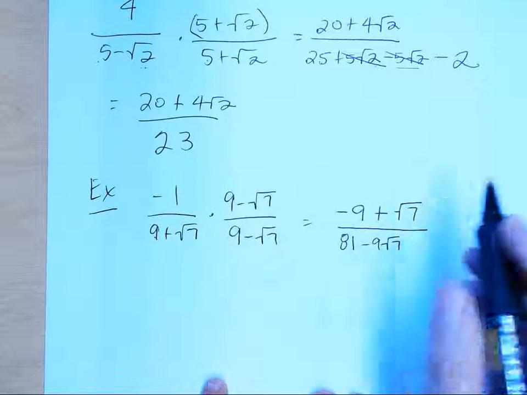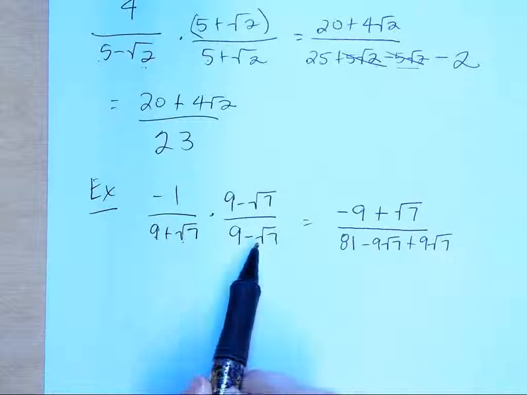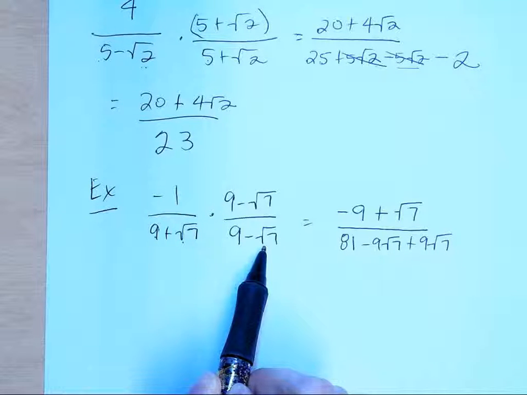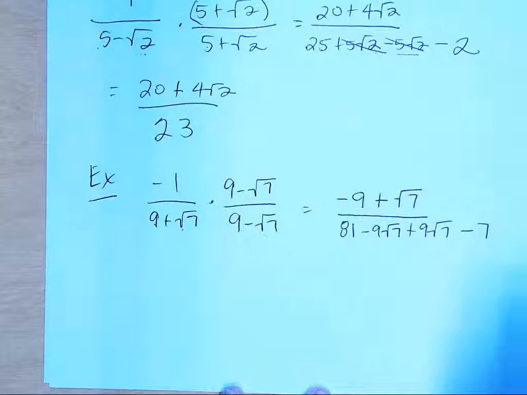Root 7 times 9 is positive 9 root 7. Square root 7 times negative root 7 is negative 7. You could always write negative root 49 and then figure it out from there if you need to.